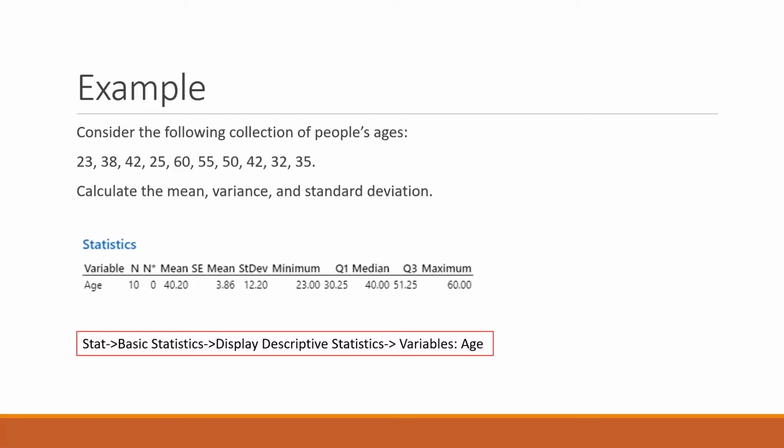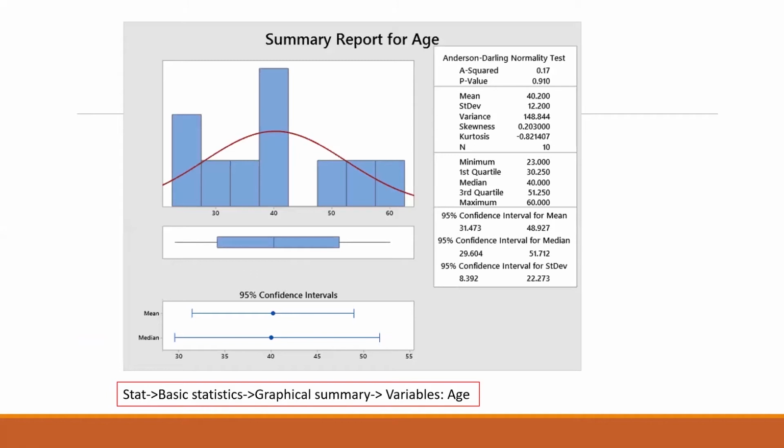Okay, so now what I want to do is show you the next page, then we're going to move to Minitab, and I want to show you how to find these results using Minitab. So the next page is a graphical summary of the data. On the left-hand side, you will see this graph, which we call a histogram.